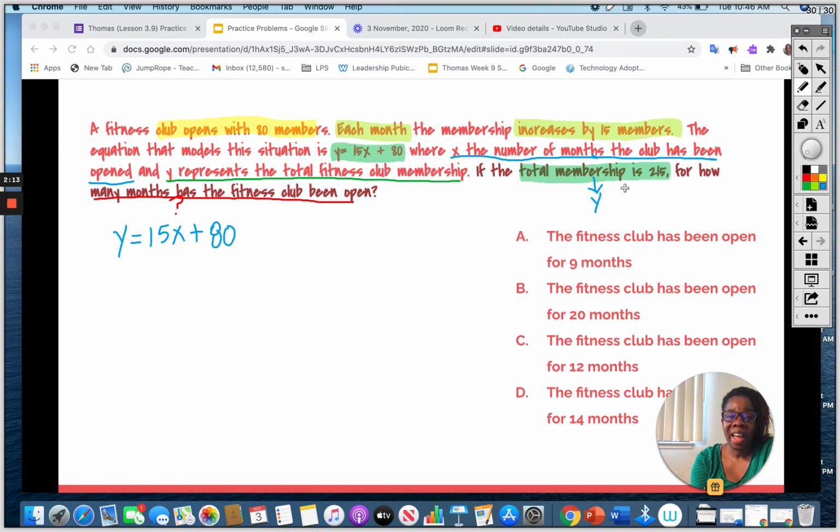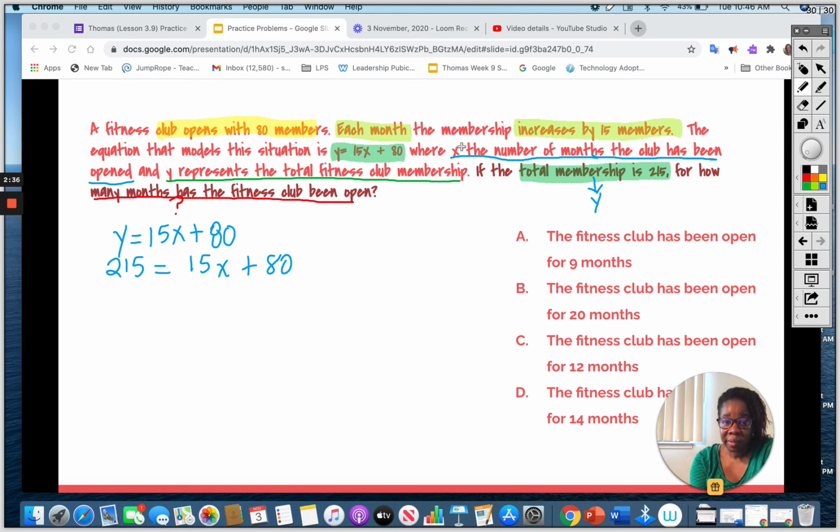So where I have y, I'm going to replace that with 215, and that is equal to 15x plus 80.